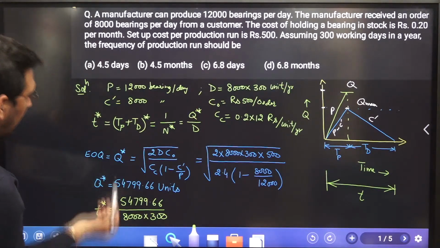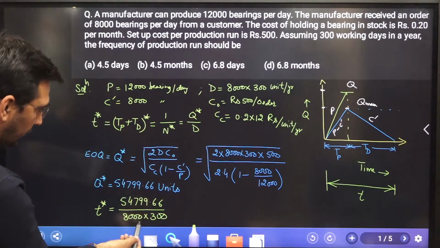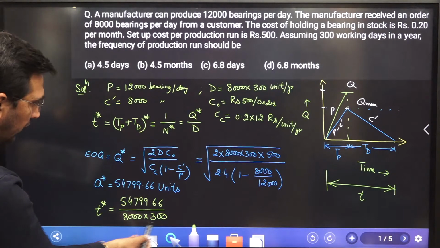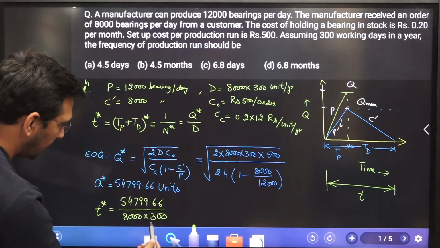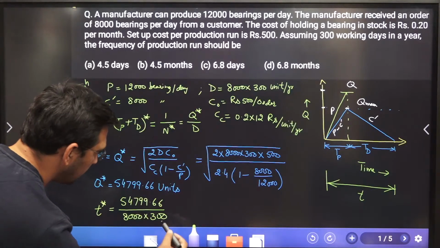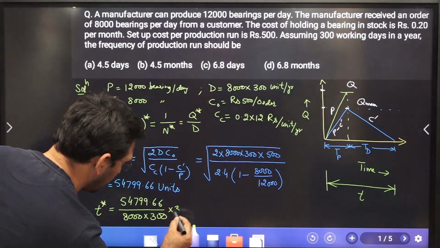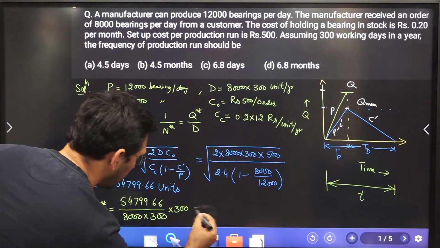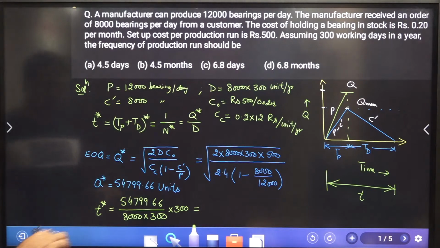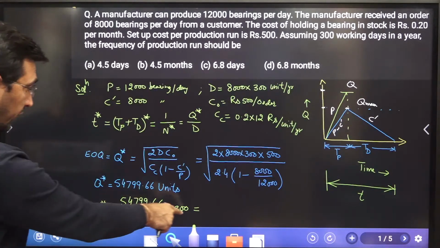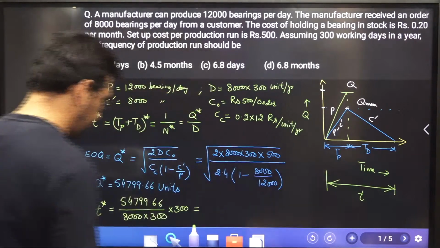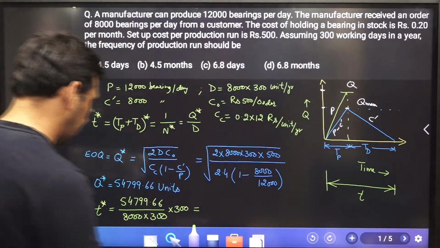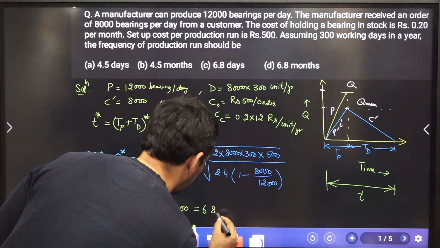Or you can simply say 8,000 was already per day only. So either you write it per day, or if you have taken this information in annual, then you need to divide it by 300 working days. The meaning is the same. So now this information will be in days. How much will this cycle time be, in days? This turns out to be 6.85 days.